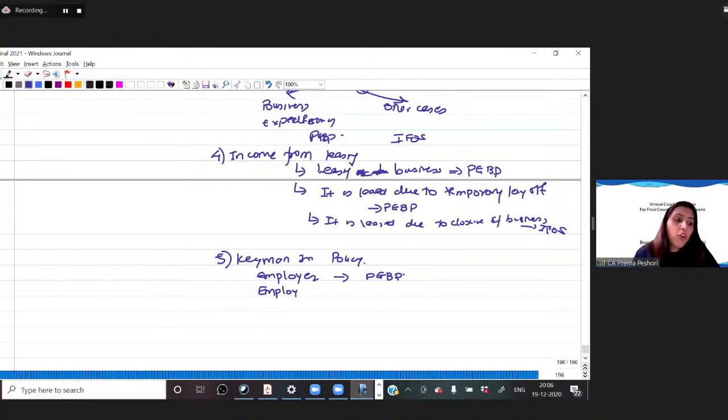If the employee receives, then salary. If the family of the employee receives the Keyman insurance policy proceeds, then income from other sources. Is it clear? Any doubts till now?